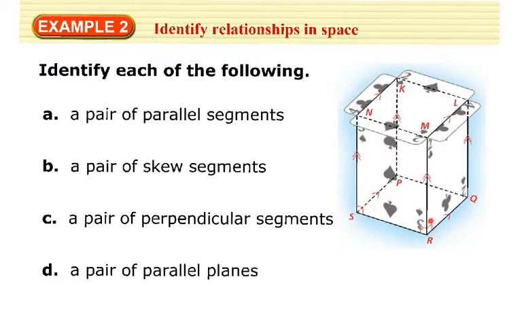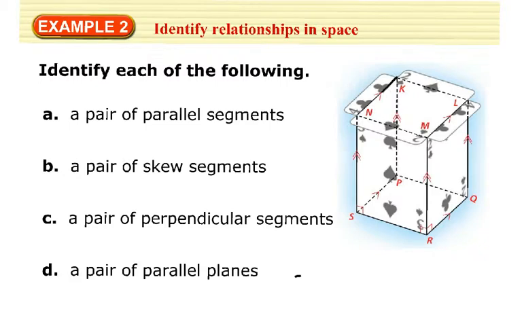See how it has right angle markings here and here? It has parallel markings for every line that's parallel to each other. Over here too, these are parallel. Okay, so for identifying pairs of parallel segments, just identify them by stating the correct name.